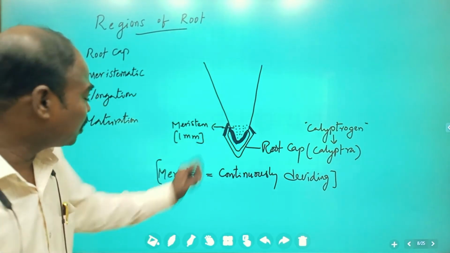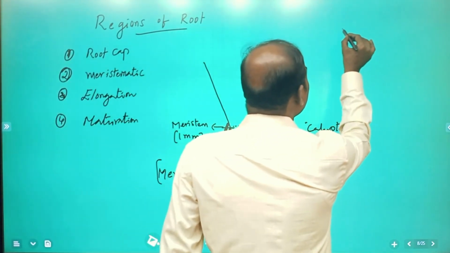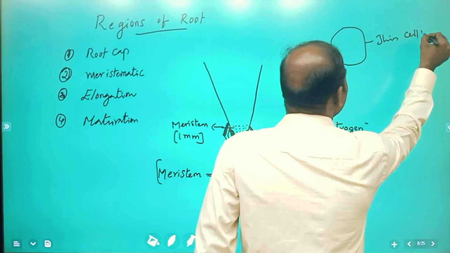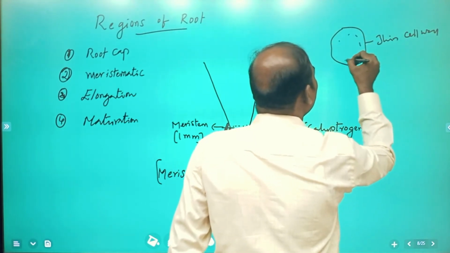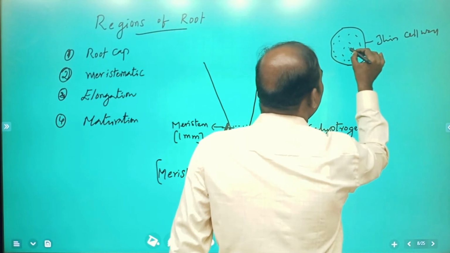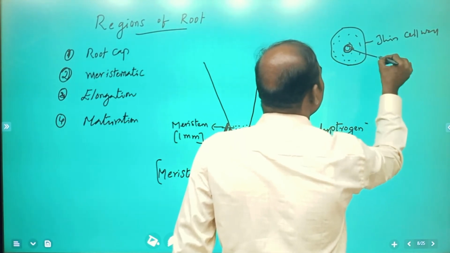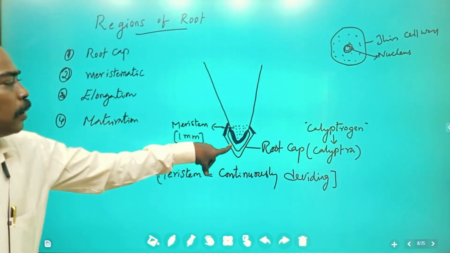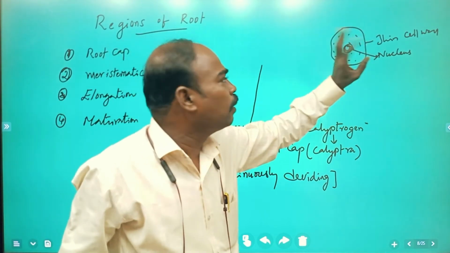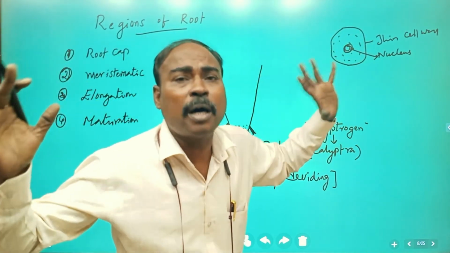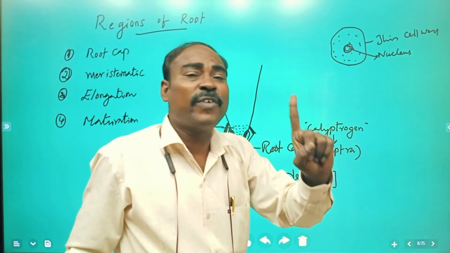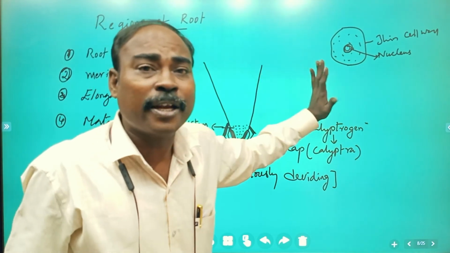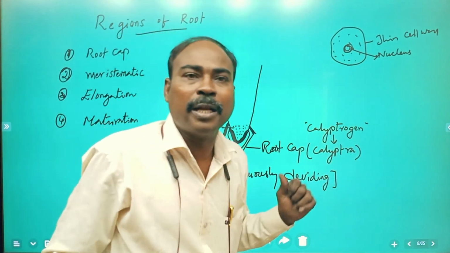In this zone, the cells generally have thin cell walls, abundant protoplasm, with a conspicuous nucleus. The cells present in the meristematic zone have thin cell walls, a huge amount of protoplasm, and a perfect, conspicuous, big nucleus, and they always participate in division and are capable of producing a new cell population.